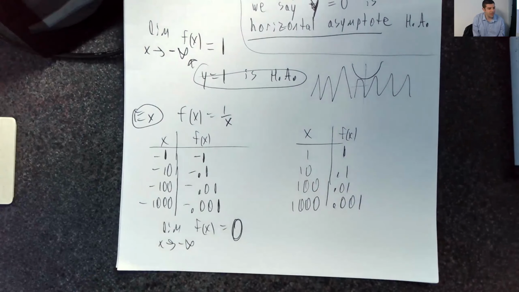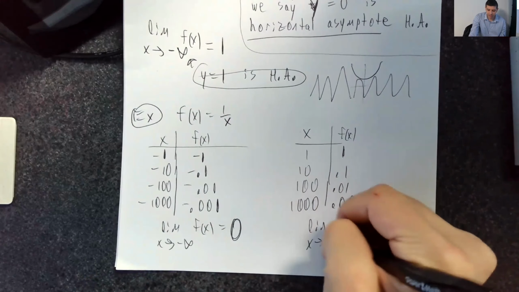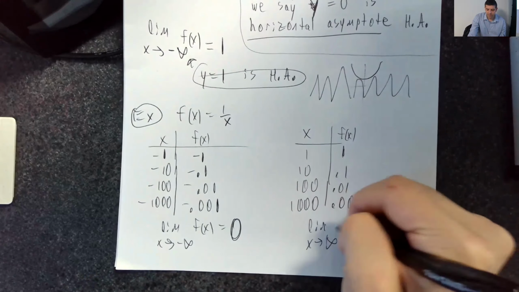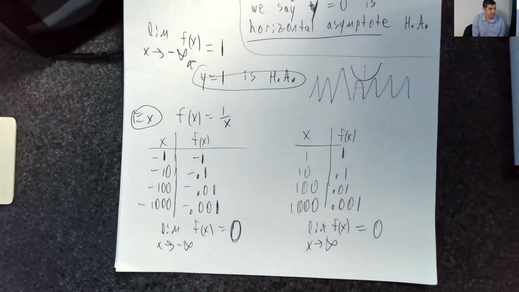What's the pattern? The y values, are they approaching something? 0. 0 again. So we say that the limit as x gets super large is equal to 0. Are we together, guys? So you see it? Here's another example, but we could even do it without the picture.